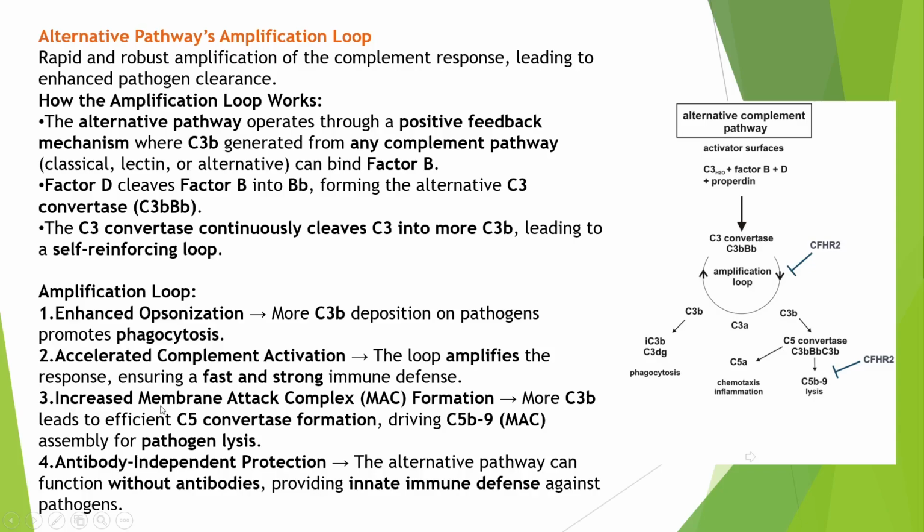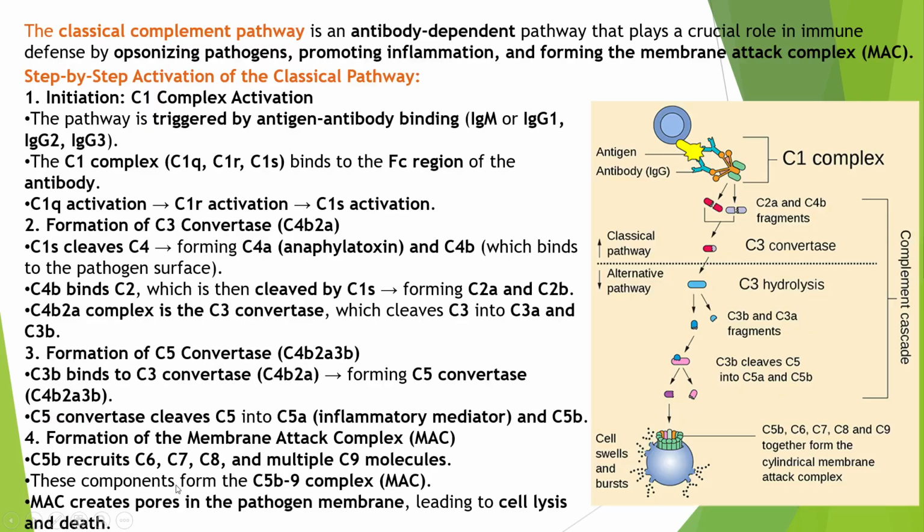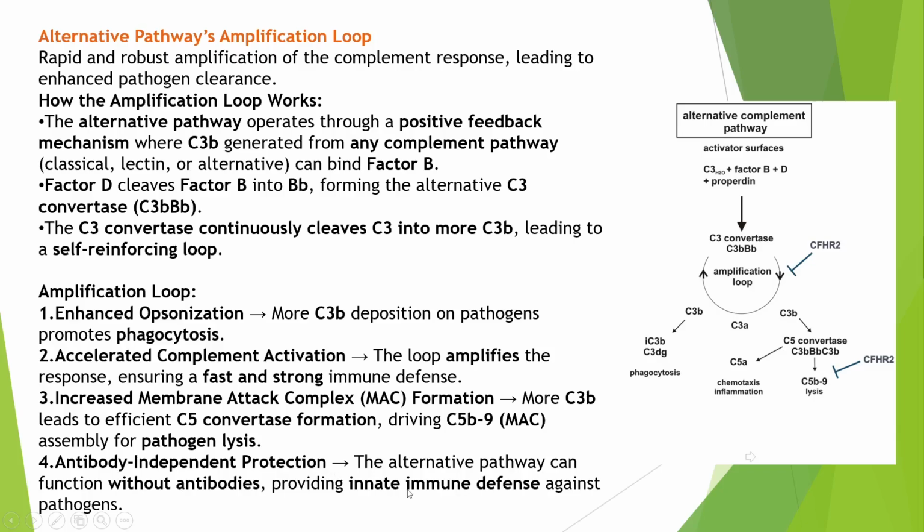Then we also have increased membrane attack complex, that is the MAC formation, because more C3b leads to more C5 cleavage because it forms the C5 convertase complex, and this leads to MAC formation where C5b along with 6, 7, 8 and 9 forms the MAC complex, pore forming complexes, which leads to osmotic lysis of the pathogenic cells.